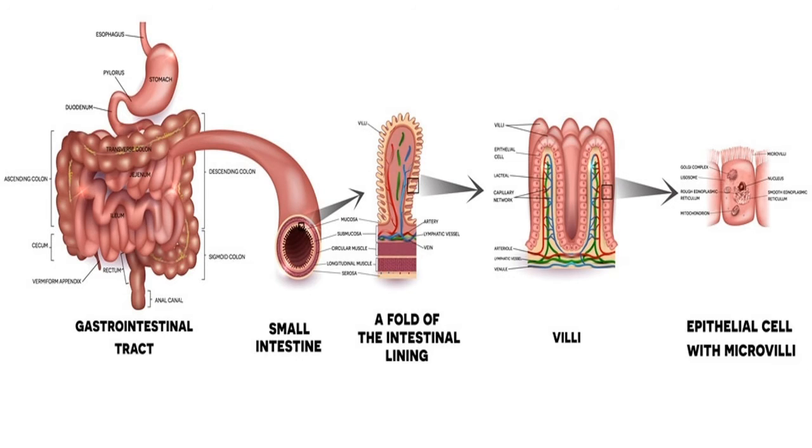So villi are nothing but finger-like, minute, thread-like structures present on the inner wall of small intestine, and they are secretory as well as absorptive in function.